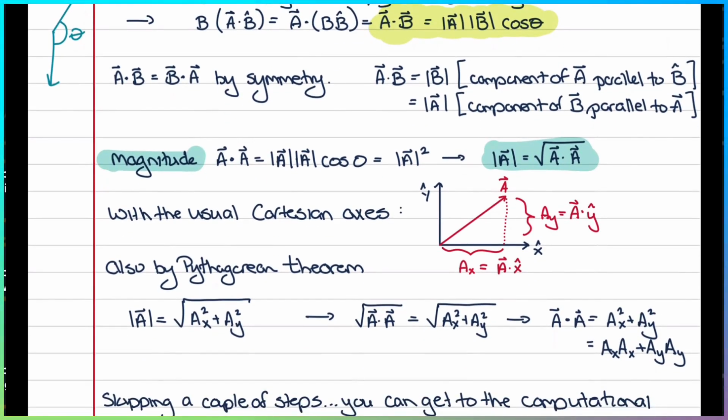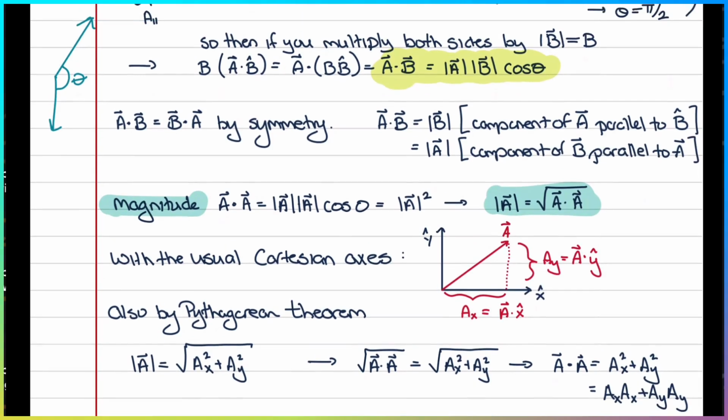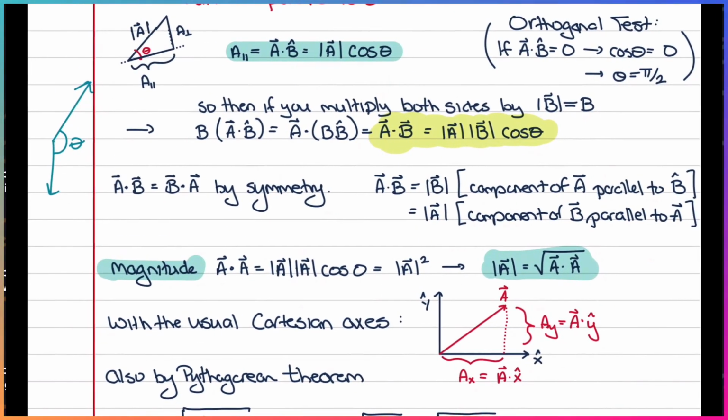So with this, we can actually define a way of computing the magnitude. I said the magnitude is the length of the vector, but I never said how to compute it before. So the magnitude, this length A, well, let me take the dot product of A with itself. Then by the formula, it's the magnitude multiplied by the magnitude. And the angle between the vectors is 0, of course. Cosine of 0 is 1.